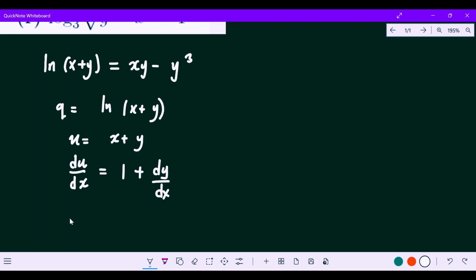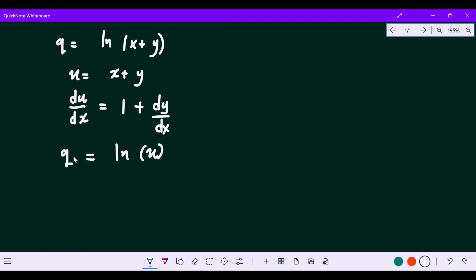So our q is simply equal to natural log of u, because we said let u equal x plus y. Now we can take the derivative of q.